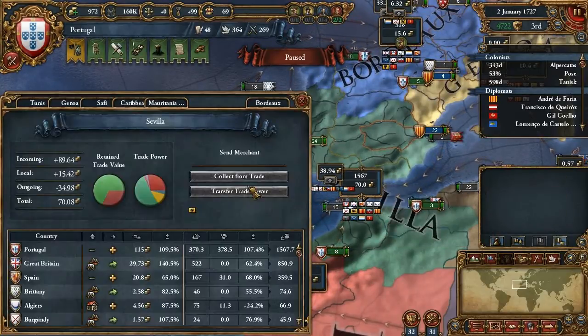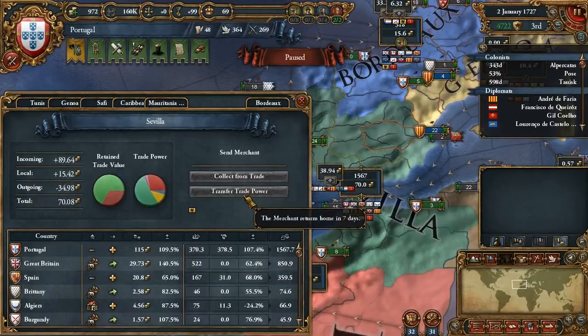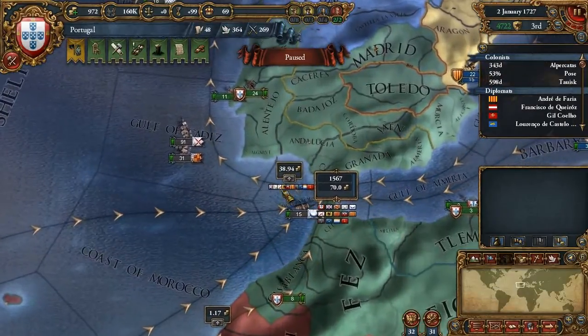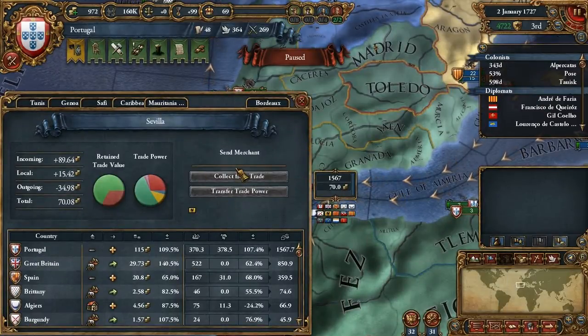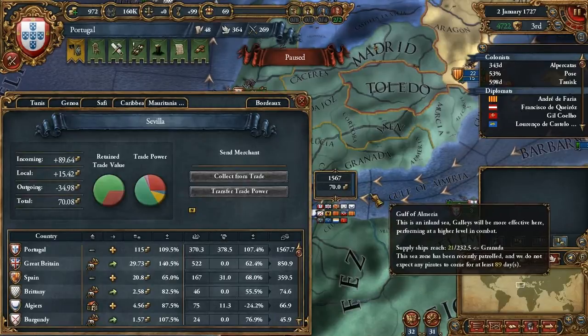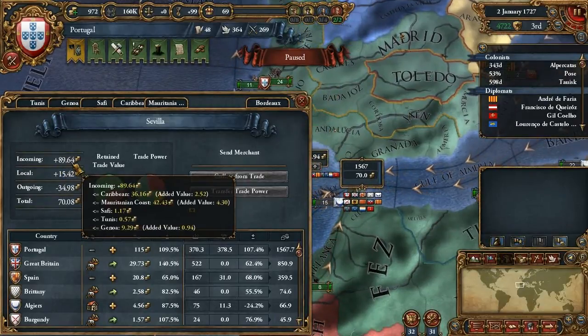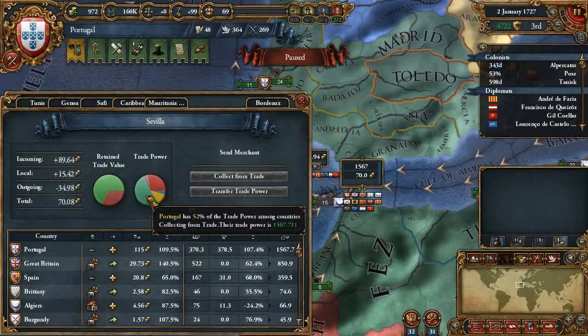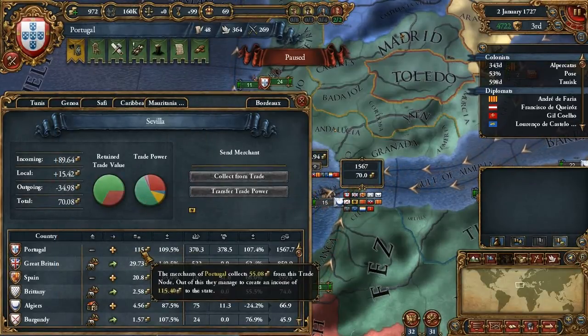Now, what merchants do is they either collect or transfer trade power. Now collecting is obvious. You'll be collecting money proportionate to your trade power within the node. So out of all the money that goes into the node, so incoming plus local, your trade power will determine how much you collect.